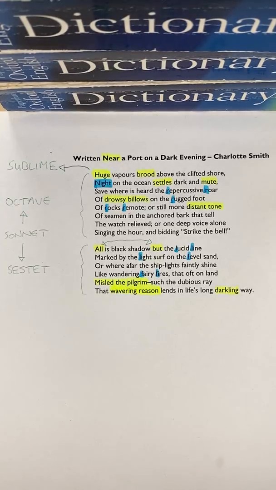Now, this idea is one from folk tales, I suppose, and immediately brings in this idea of deception, because by comparing the lights on the boat to wandering fairy fires, she's evoking the sense that they might be attempting to lead people astray, or to mislead them.